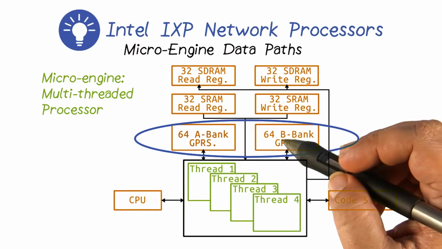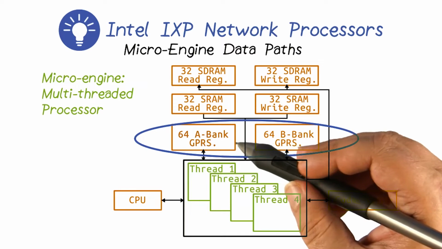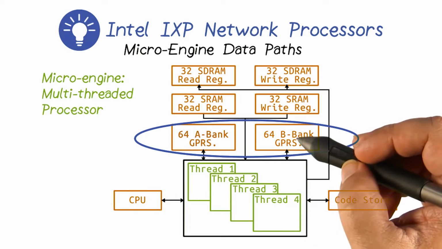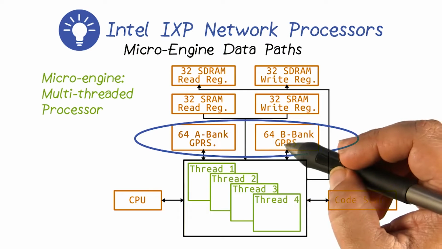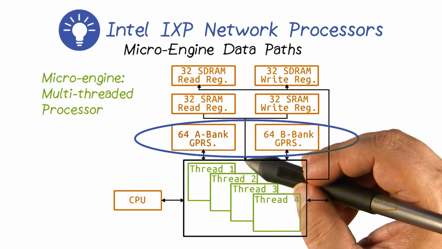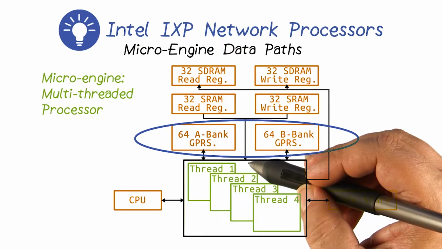And then most importantly, we have a dual bank register architecture as shown over here, 64 registers in bank A and 64 registers in bank B. The main purpose of these registers is to be able to get these operands in parallel so that the latency is minimized for real-time processing.